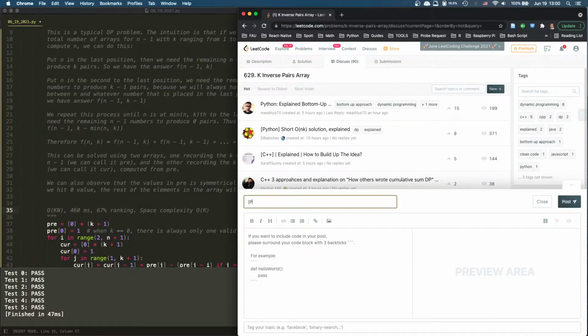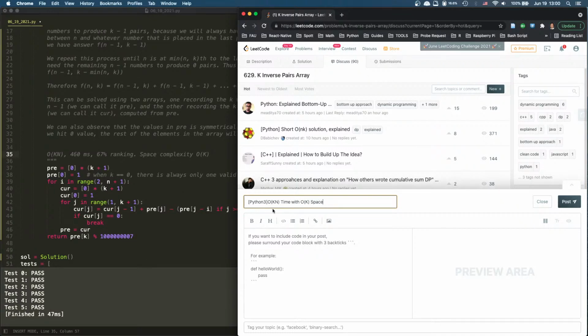The way I do it is always Python 3 in here, and then O(NK) time, O(K) space complexity. So it's time with this space, with two arrays.